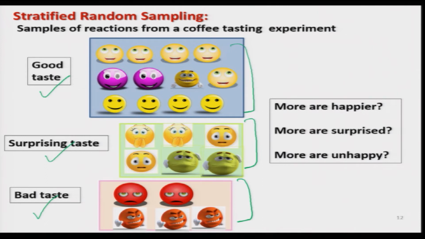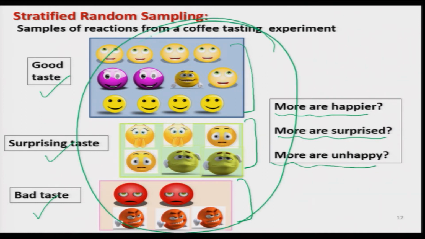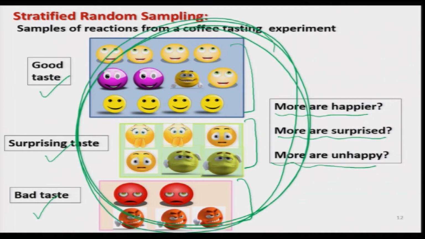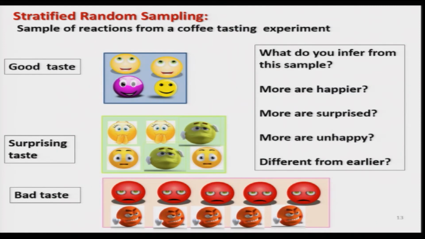For example, can you conclude that more people are happier, or more people are surprised, or more people are unhappy? This is not holding uniformly. You can see here your sample consists of this entire population, the entire group of these smileys, they are constituting your sample. And now you have to devise something so that you can reach a correct conclusion. Okay.